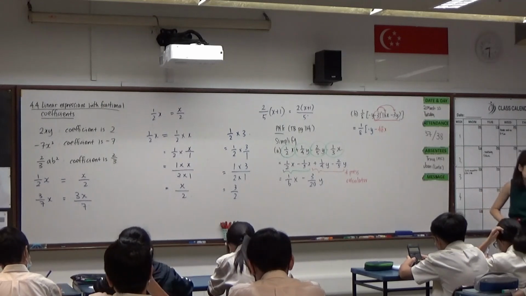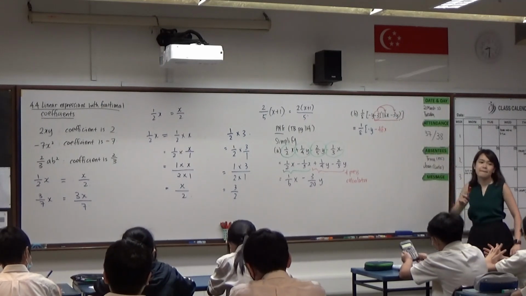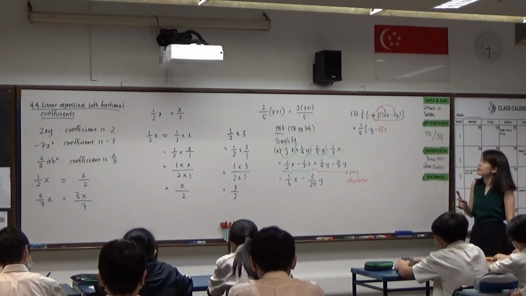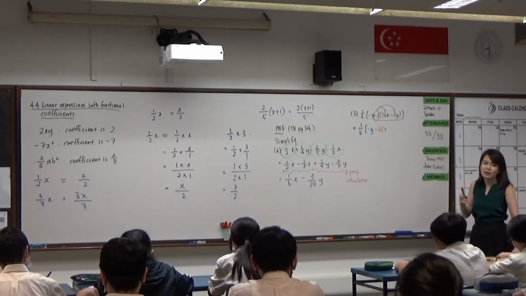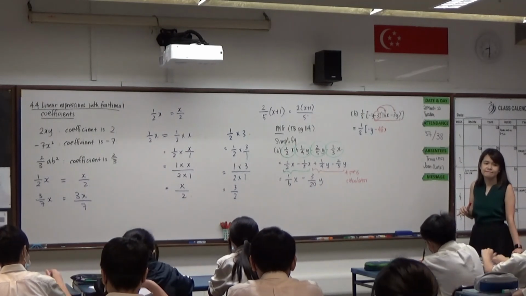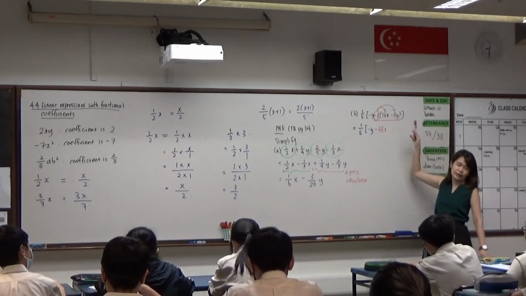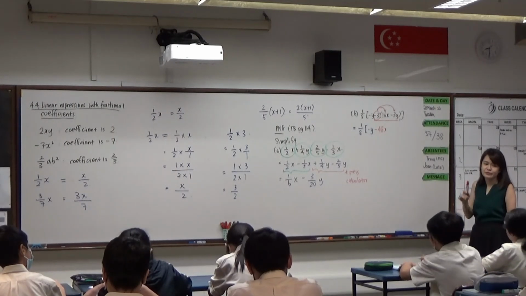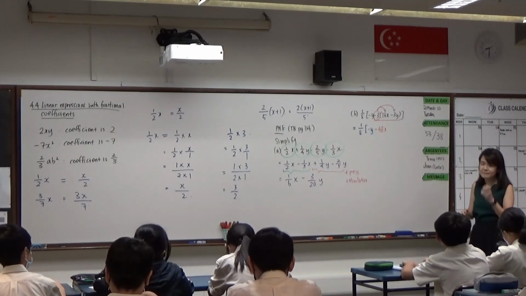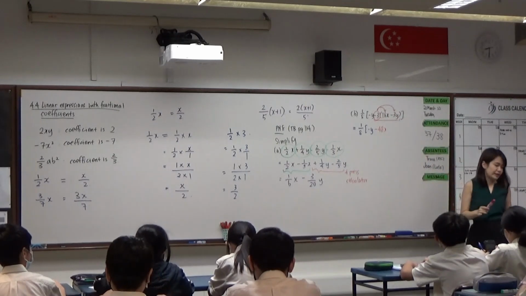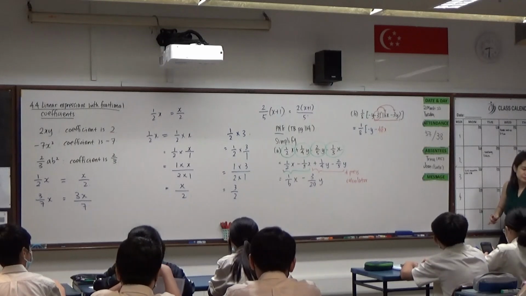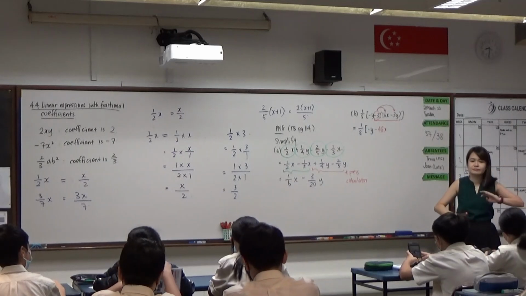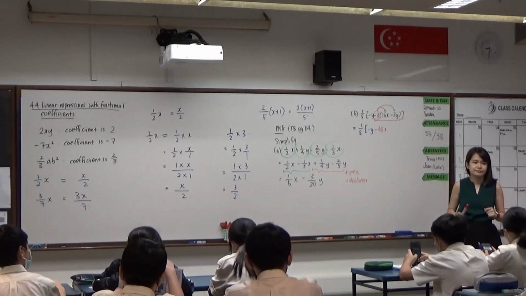And in my next expansion, what will we get? Negative 3 times negative 3y.